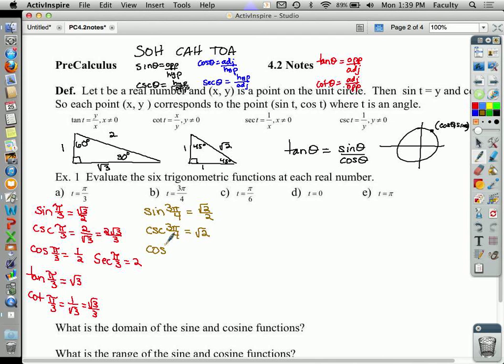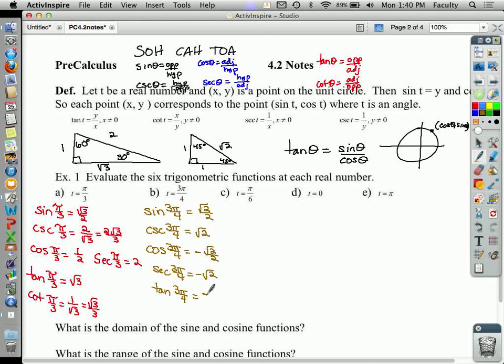All right, cosine 3 pi over 4. I'm in the second quadrant, so it's negative, but the reference angle is 45 degrees, or pi over 4. And then secant would be negative radical 2. All right, tangent.